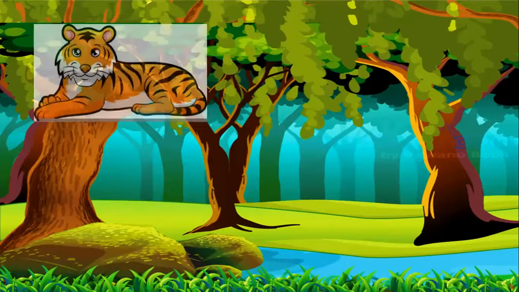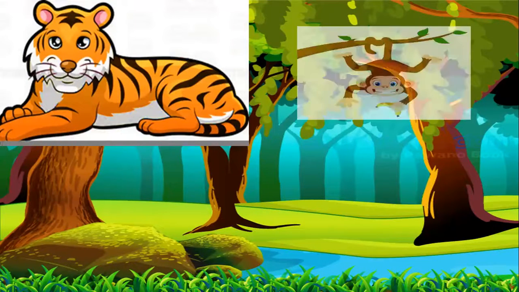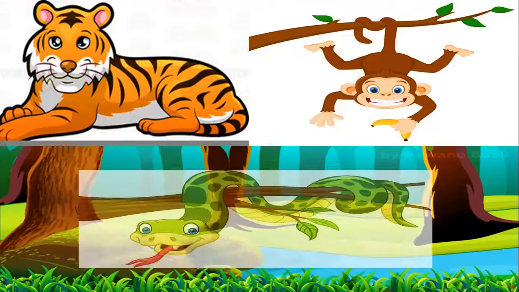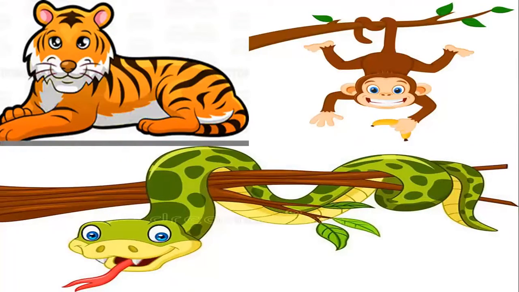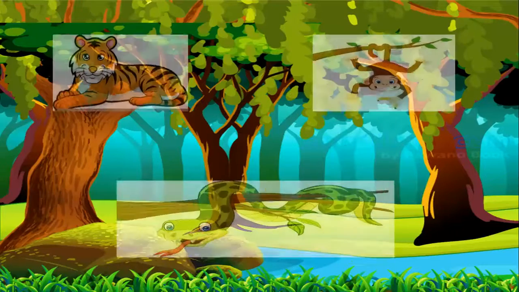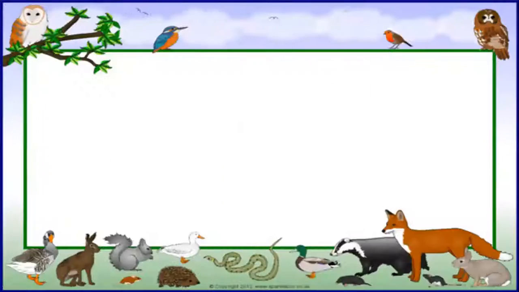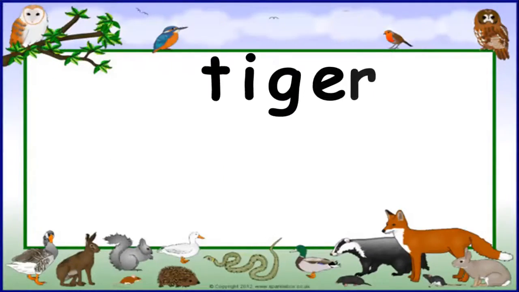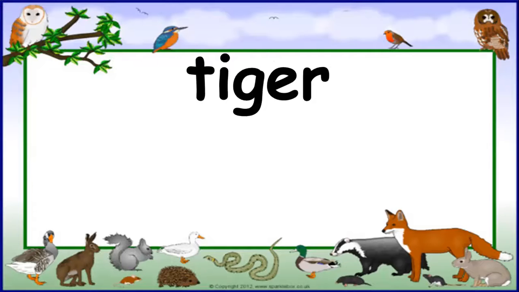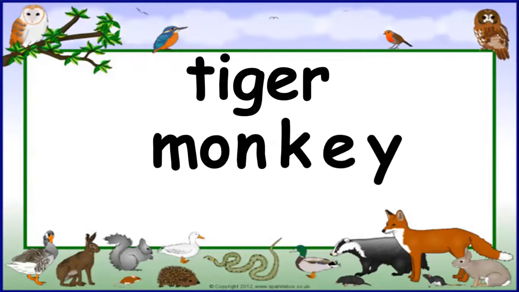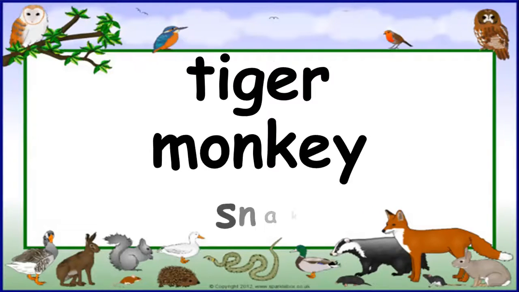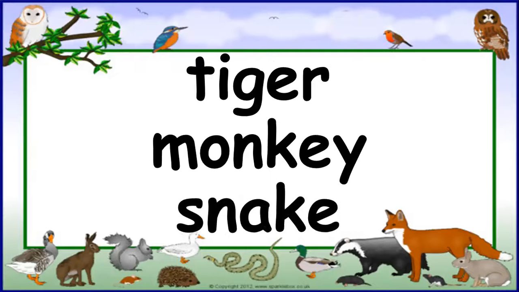So we have the tiger, the monkey, and also the snake. So these are the examples of the animals who can live in the forest. Again, tiger, the monkey, and the snake can live in the forest.